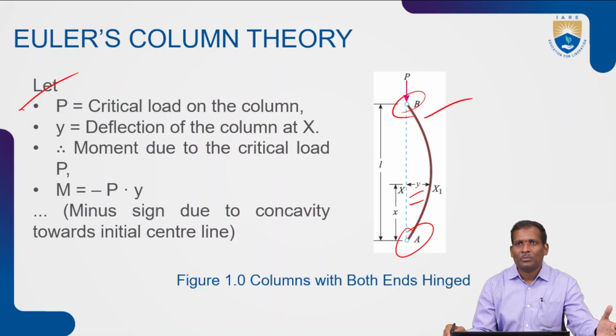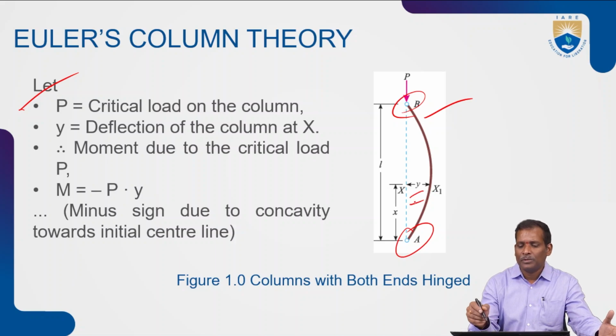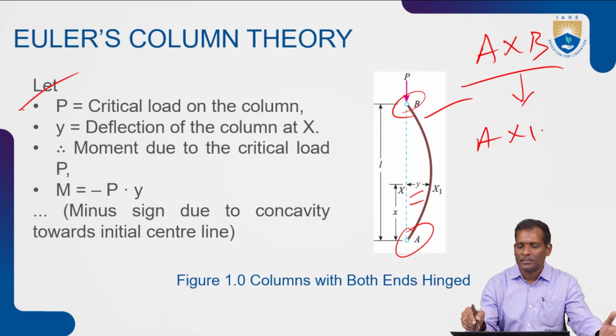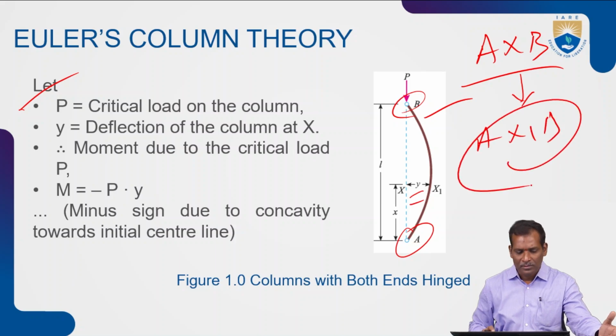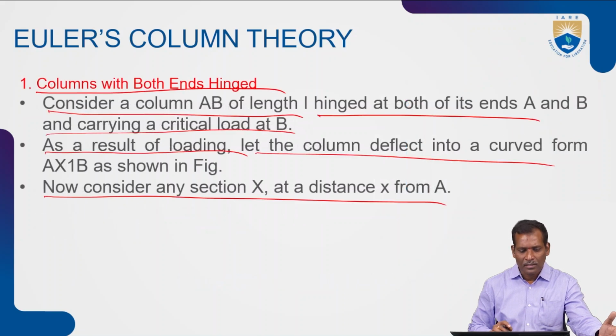The first one is before deformation, AXB. After applying the load, it is AX1B. The column deflects into a curved form, that is AX1B.